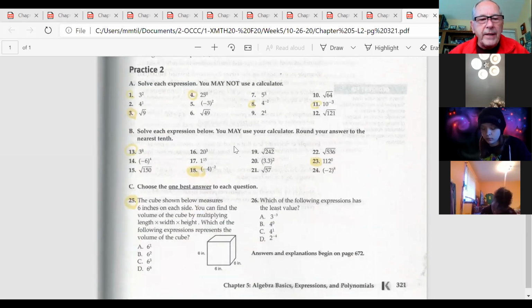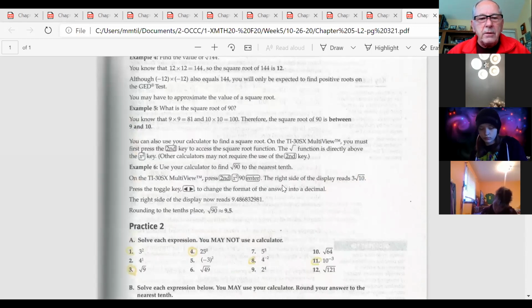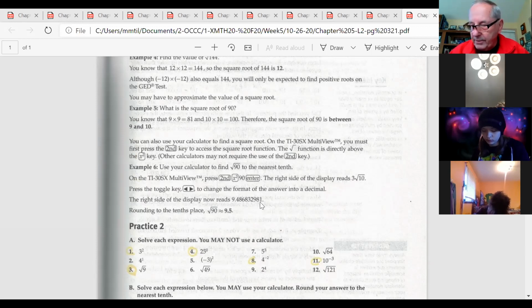Now, the next set, you can do it with your calculator. So you should know how to use your calculator to get the square root or the square, right? If you have a little calculator like the TI-30X, it's a little $10 job.